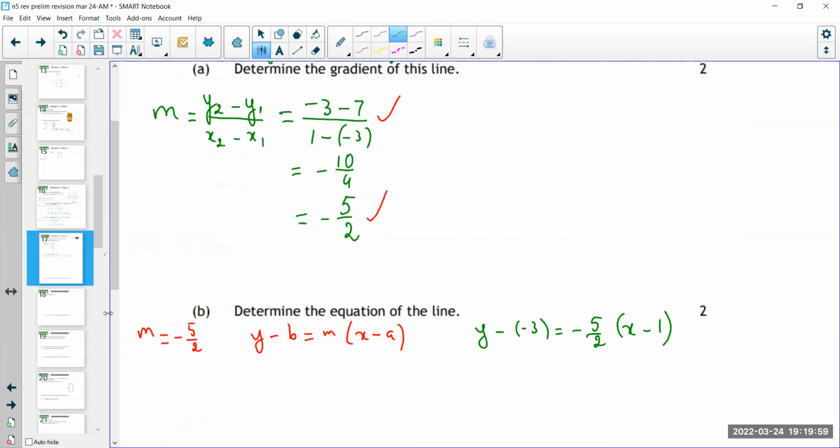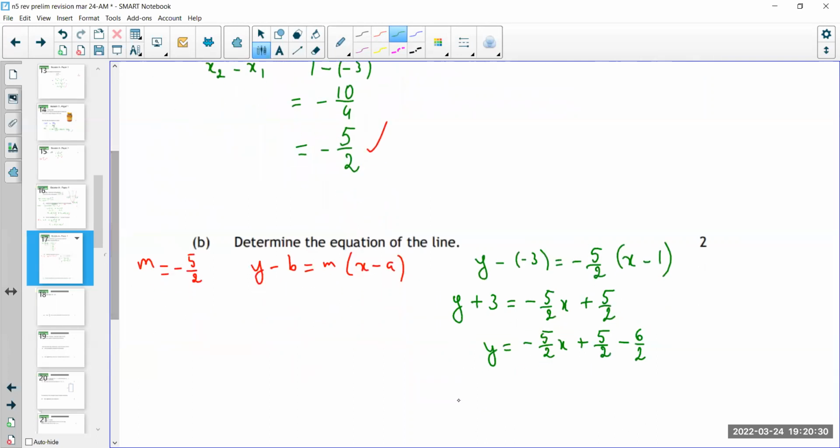And it's up to you how you want to write it down. You could go y minus 3 equal minus 5 over 2x plus 5 over 2. That's fine. And then add 3 both sides. y equal minus 5 over 2x plus 5 over 2 plus 3, which is the same as plus 6 over 2.